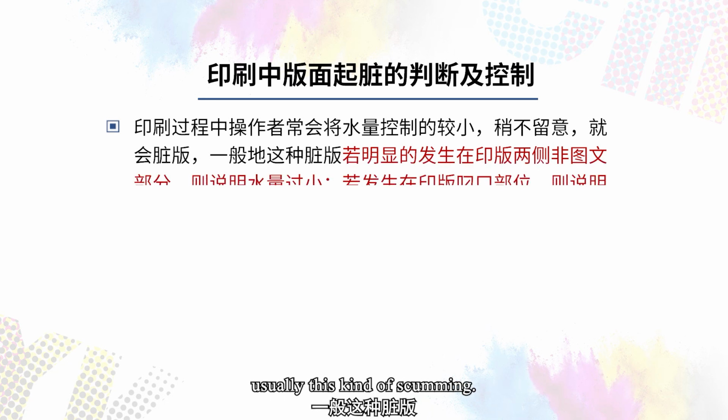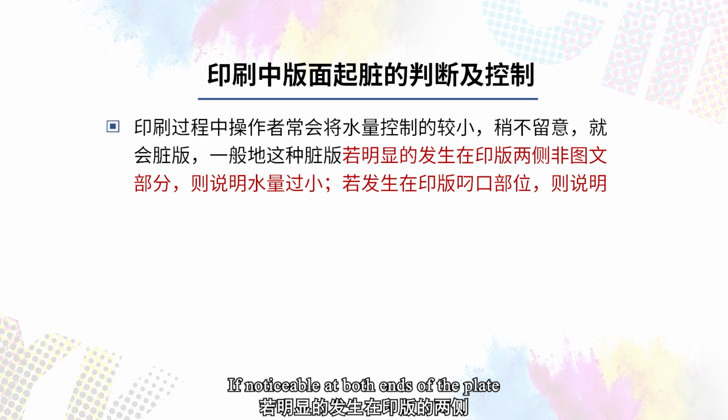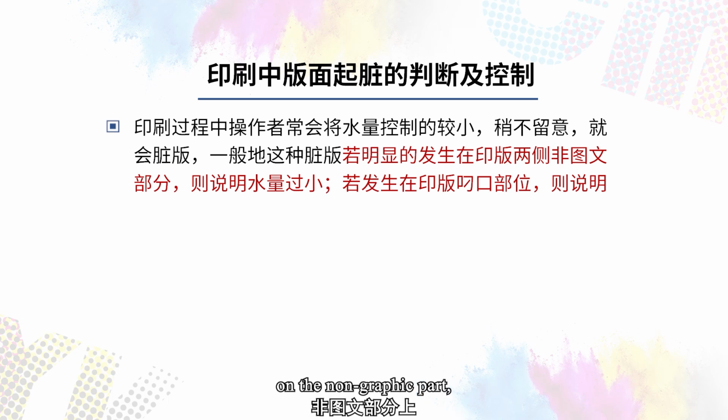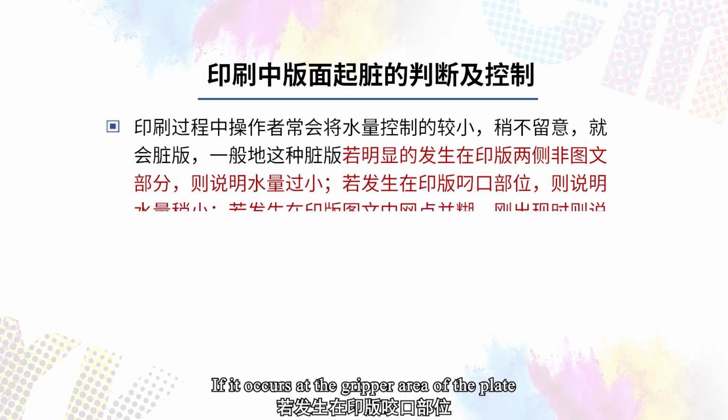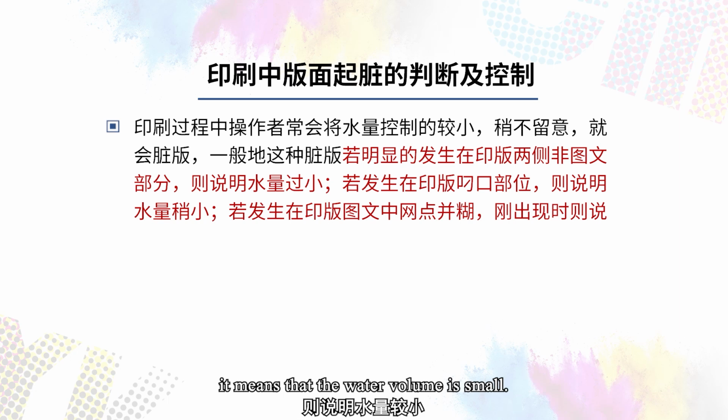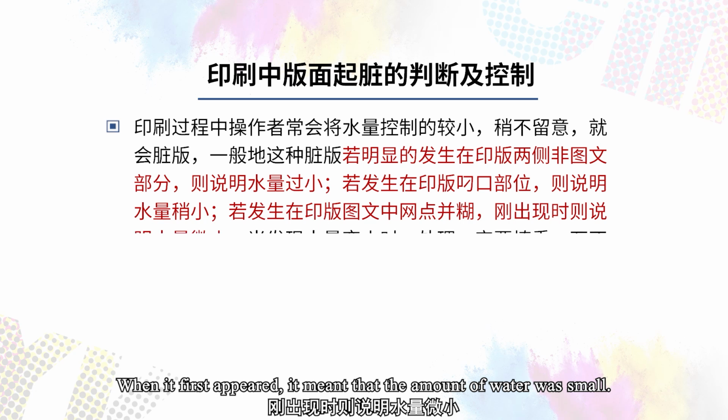Usually this kind of scumming, if noticeable at both ends of the plate, on the non-graphic part, means the amount of water is too small. If it occurs at the gripper area of the plate, it means that the water volume is small. If it occurs in the graphic area of the plate, the halftone dots are blurred. When it first appeared, it meant that the amount of water was small.